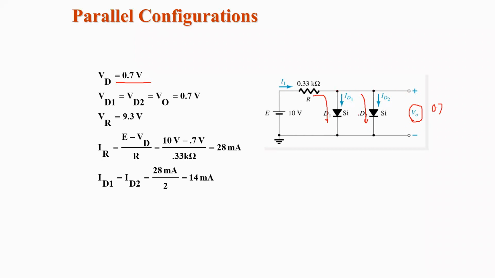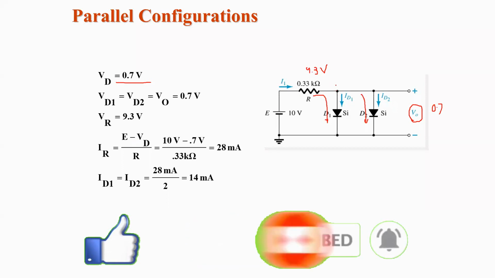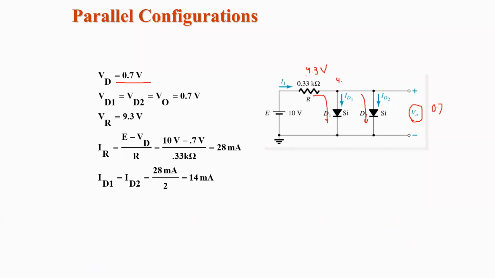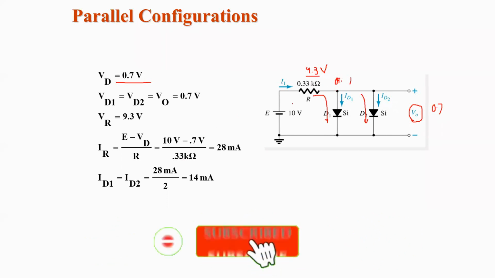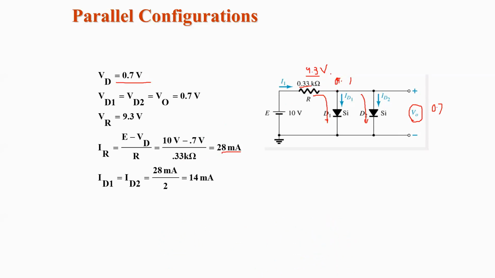So the voltage drop across the resistance is 10 minus 0.7, that is 9.3 volts. And what is the current through the resistance? The current is this potential minus the potential at this particular point, 9.3 because of this 0.7, sorry, because of this diode, divided by the resistance. So this gives you 28 milliamperes of current, and this is being divided equally across these two diodes. So 28 is 14 milliamperes here and 14 milliamperes in this other direction.